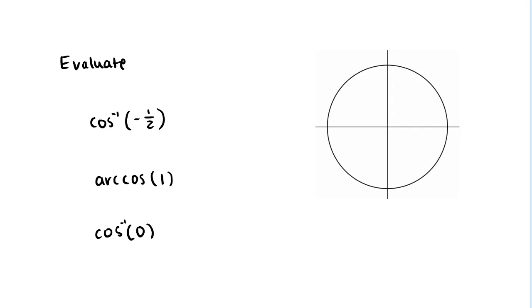So now let's get some practice evaluating this cosine inverse function. And I definitely encourage you to pause the video and try these examples out yourself first if you're feeling ready. But let's go ahead and work through these together. So again, cosine inverse, the inputs of this function, they're not angles, these are x-coordinates on the unit circle.